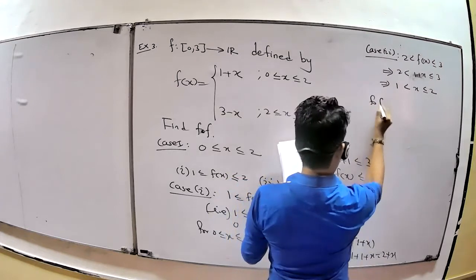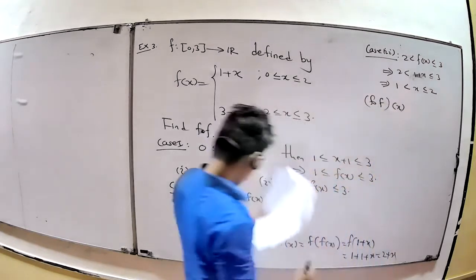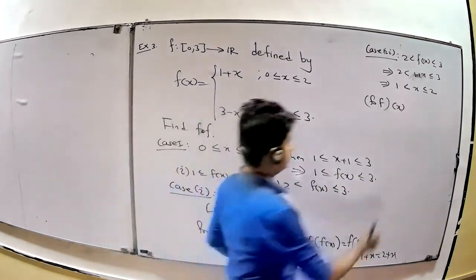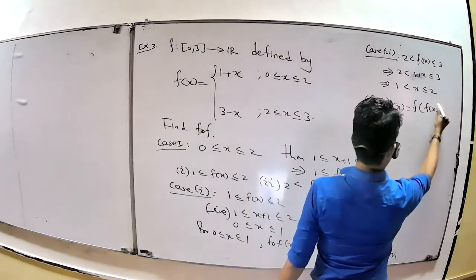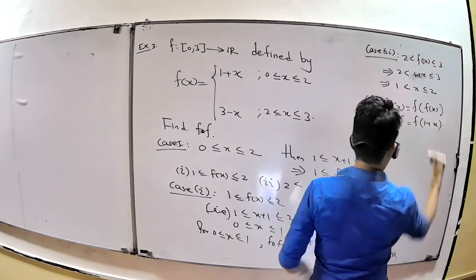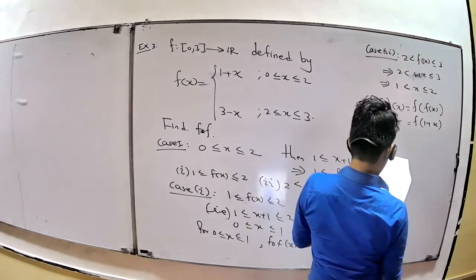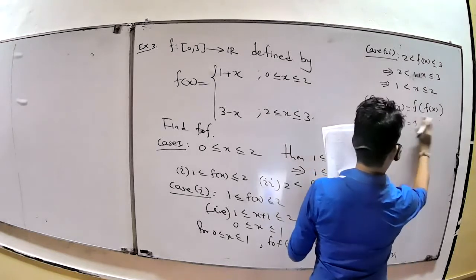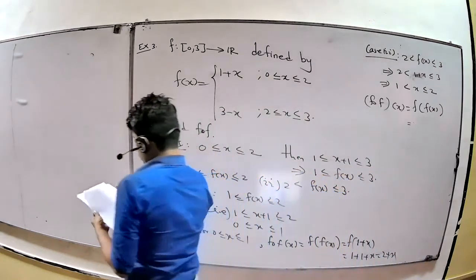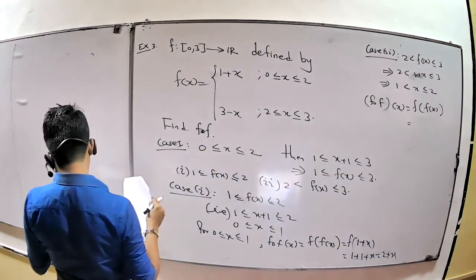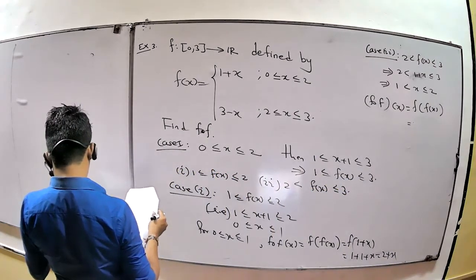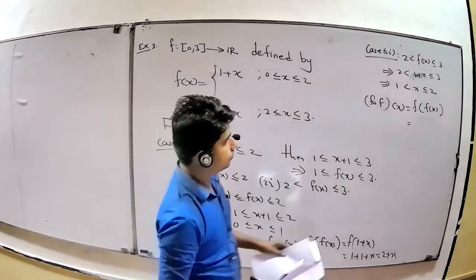For this case, what's the value of f of f of x? Here first 0 to 1, and then 1 less than x less than or equal to 2. For this case, your values f of 1 plus x, no? F of 1 plus x, 1 less than x less than or equal to 2, very important thing here. What is the function value? It is in 2 to 3, for x from 1 to 2.